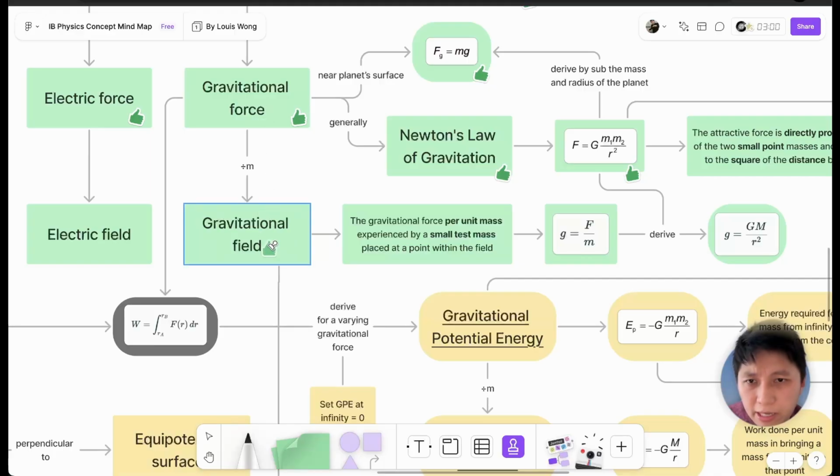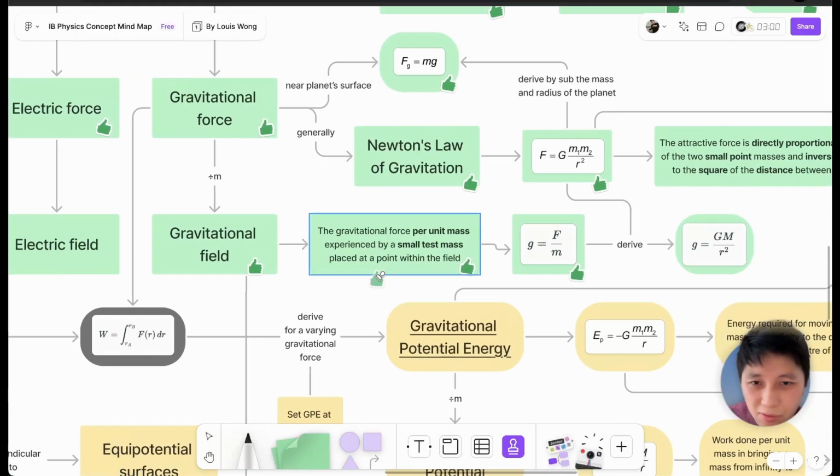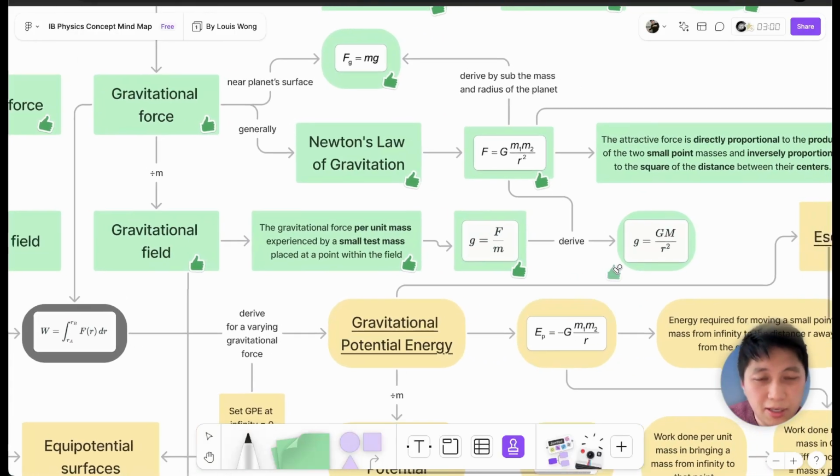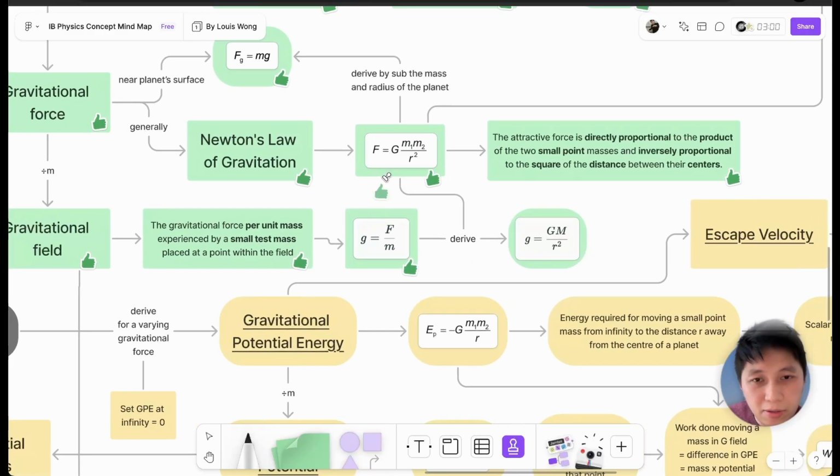For the gravitational field, we will be considering the idea of per unit mass, and again, this is a word definition. I recommend you go for it, and then you have to recall them. So this is the idea of gravitational field, and these two are definitions.